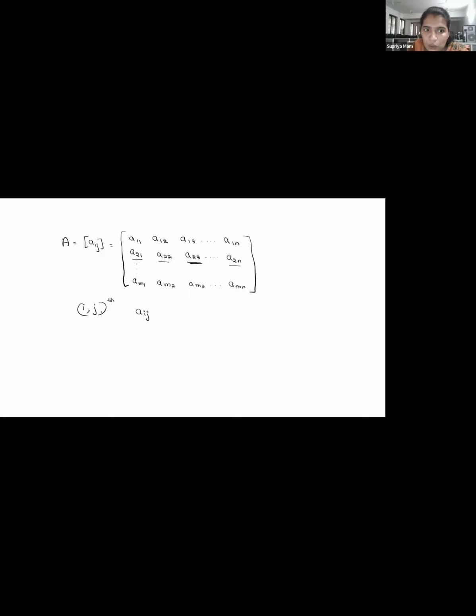So, ith row, jth column entry will be aij. If I consider this mth row, second column entry, am2. Hope the concept is clear to all. Any doubt?